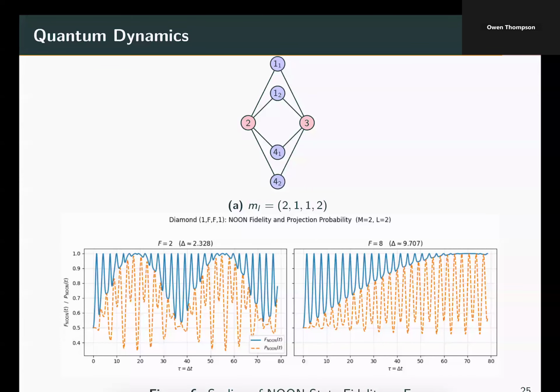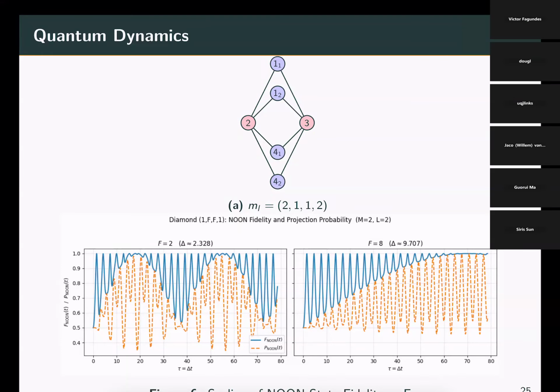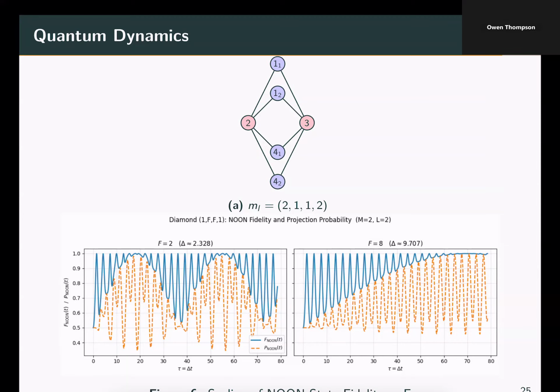Just as an example of that, before you do this splitting procedure, the regular model doesn't produce NOON states. If you start with a Fock state, it won't evolve into a NOON state. After you do the splitting procedure, you can actually see this behavior where, as you increase the number of sites, so you've got one site on each side but 2 on the top and 2 on the bottom, and increase the number on the top and the bottom, you get scaling towards a better and better ability to produce those interesting and useful quantum sensing states we talked about.